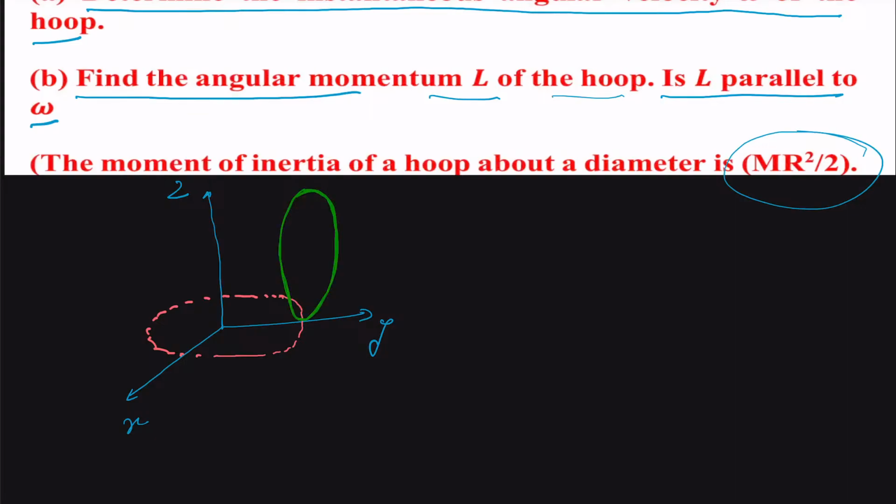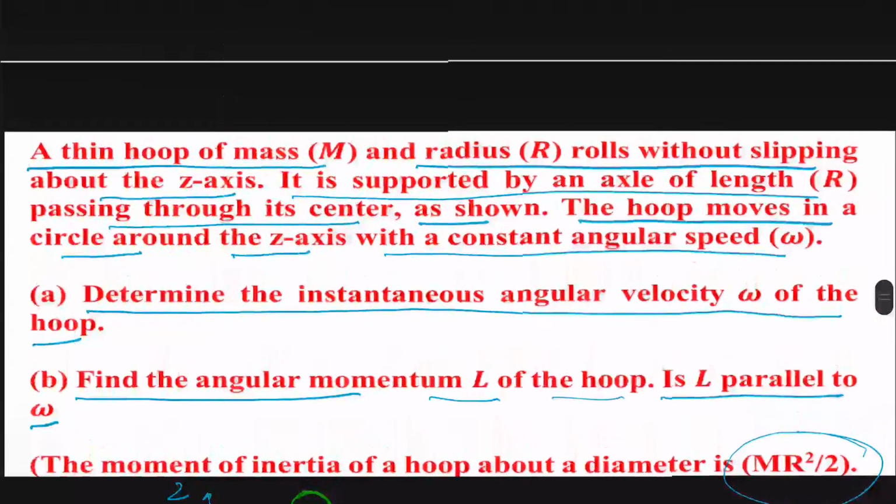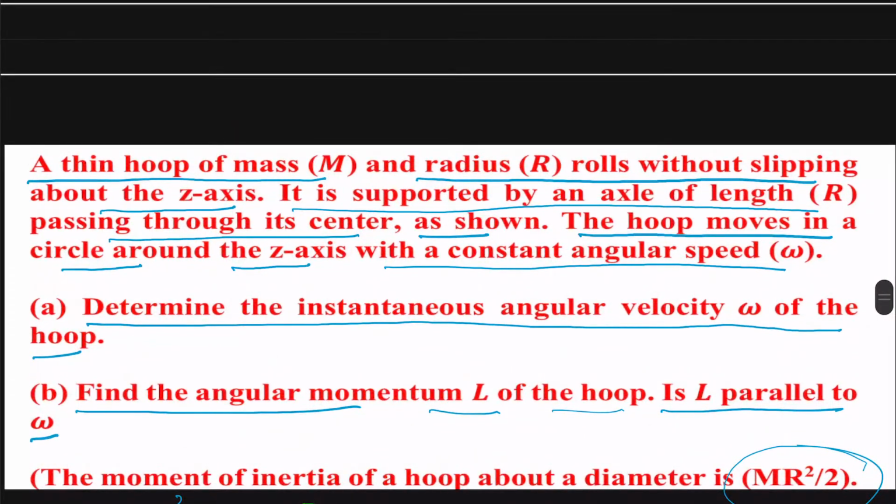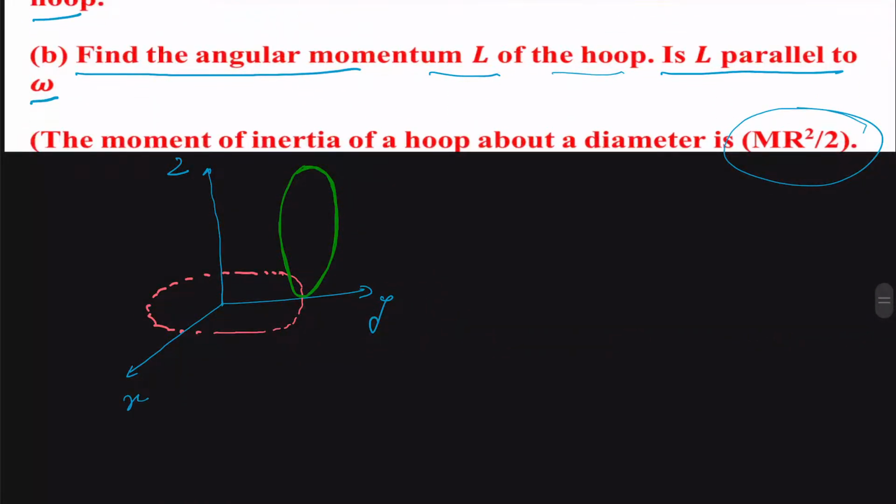This hoop is connected by an axle of length r. Suppose this is the center and it is connected by a rod.